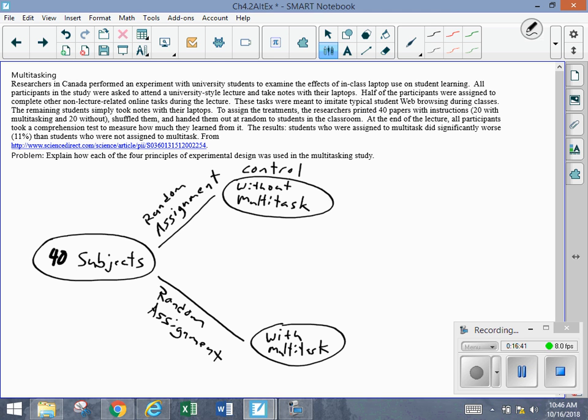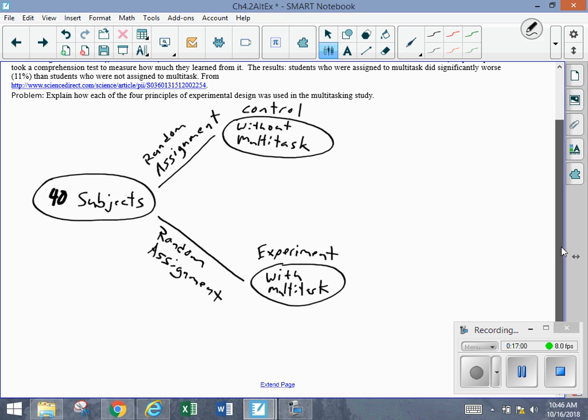So there's our control. There's our experiment group. So that takes care of the aspect that we need to do where we put a control.